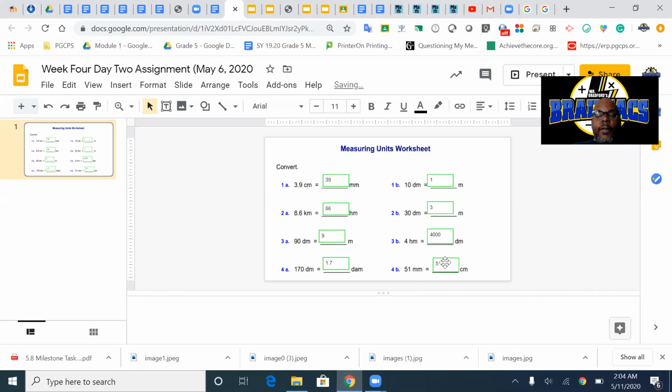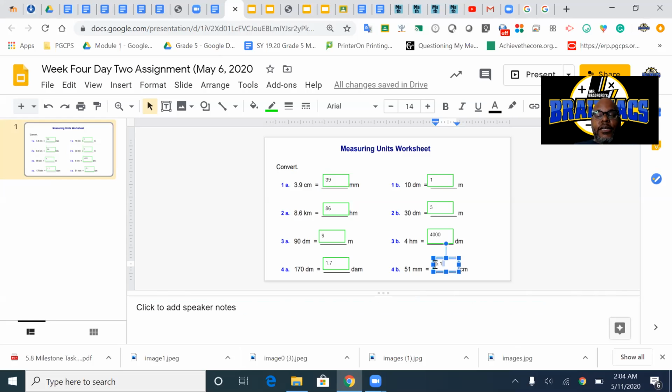All right. So as I delete these, today we're going to look at standard units. Real briefly, standard units.